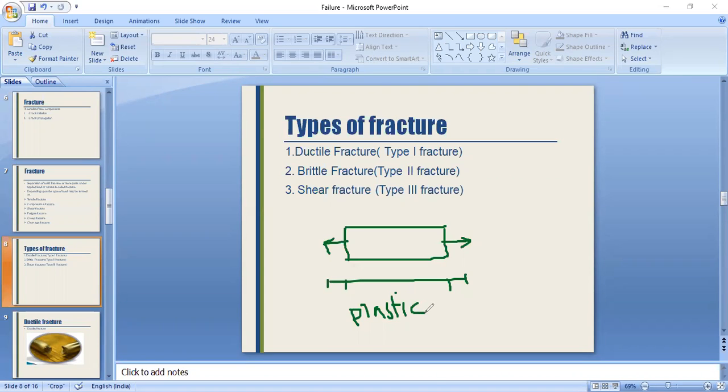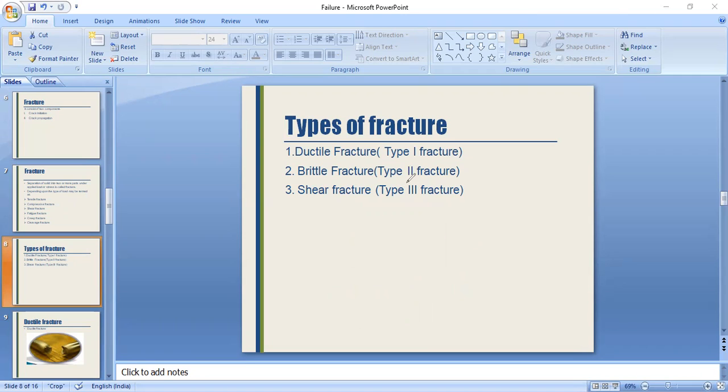So before ductile fracture, it is giving a warning, an information that the material is going to fracture, or we can say the material is going to fail. Based on that, required arrangements can be made, or whatever care has to be taken to avoid the fracture. So that information we get in ductile fracture.